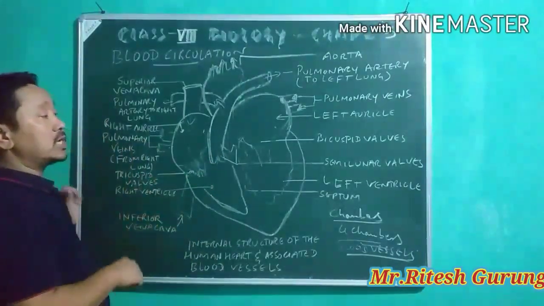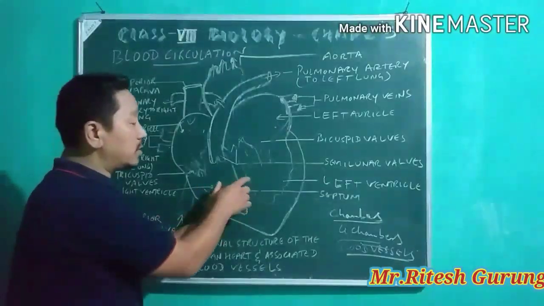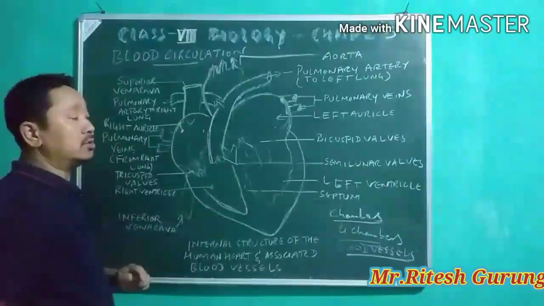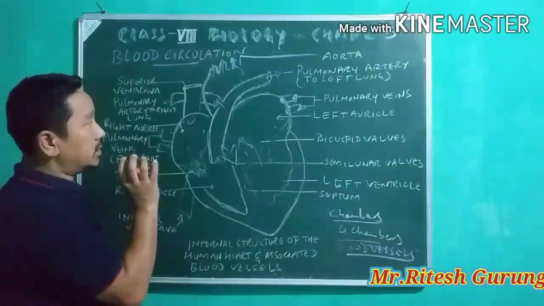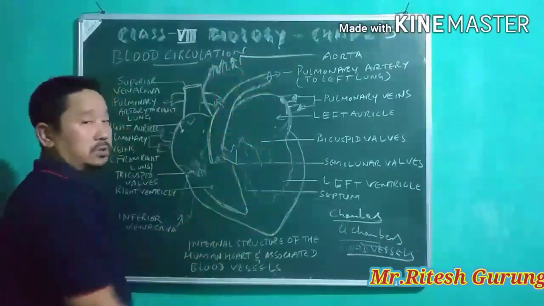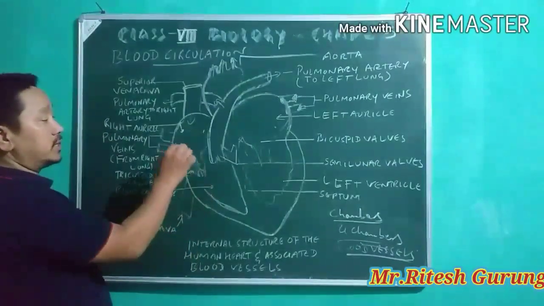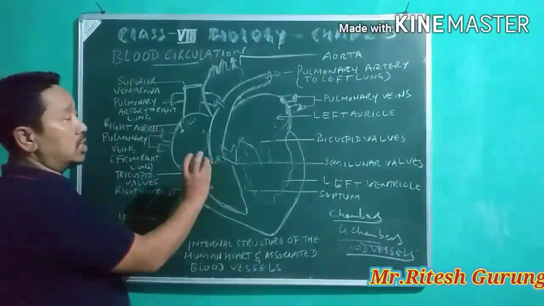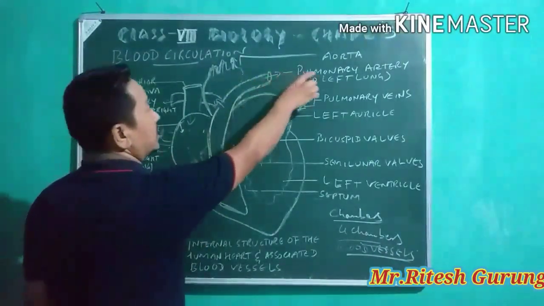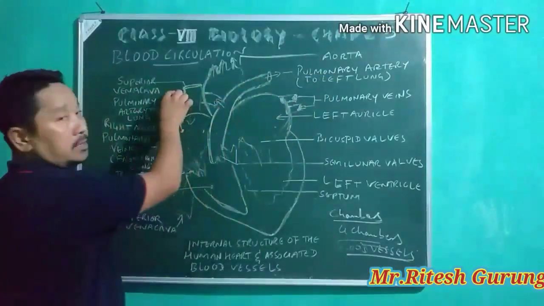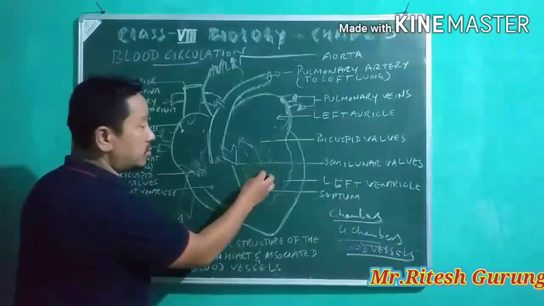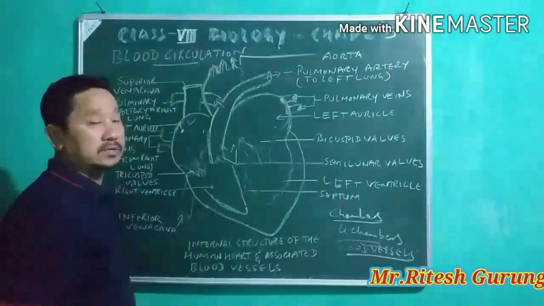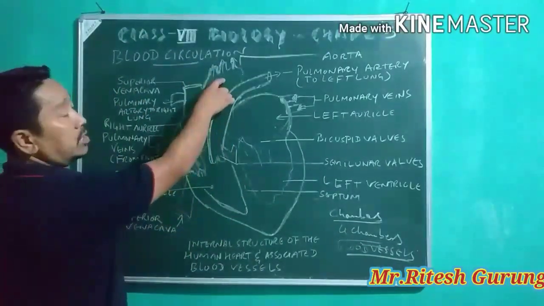With that force, the blood from the respective chambers is pushed out. The blood which is out here will be pushed out through this pulmonary artery, and from here the pure blood is pushed out to the different parts of the body through this aorta.